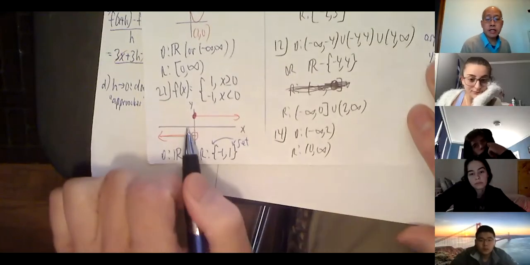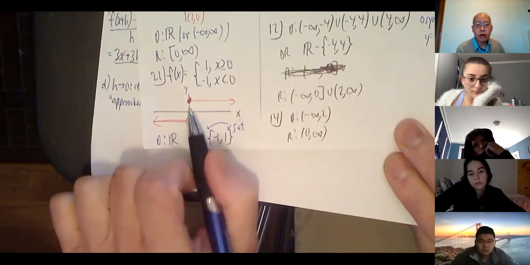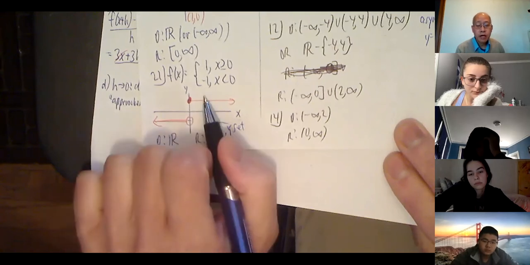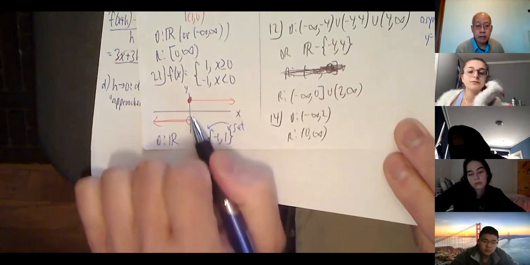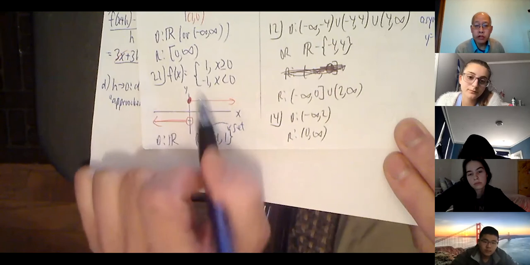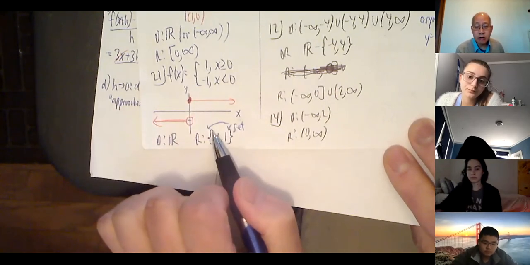Okay, so the range is a set of y values. Okay, so what y values are allowed in this function? The only y values are negative 1 and positive 1, and nothing else. There's nothing down here. There's nothing in the middle. There's nothing up here. So for this function, y can only be either negative 1 or 1. So the way we write it is like so, with braces.